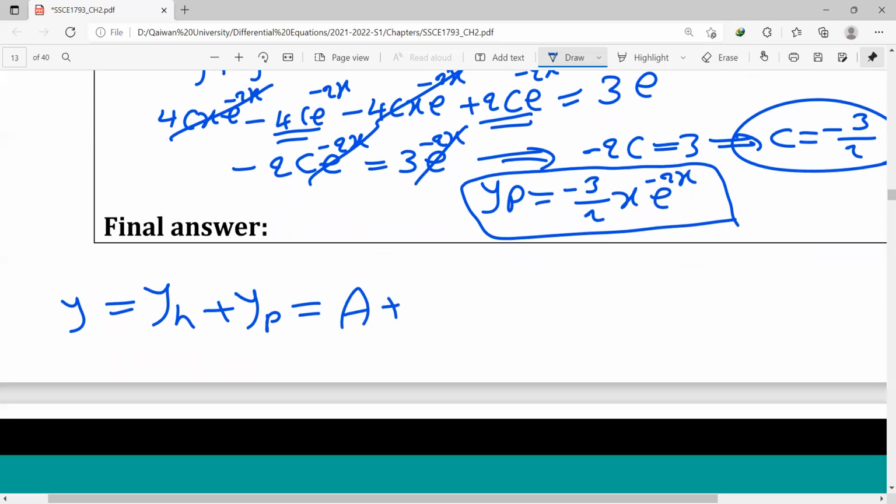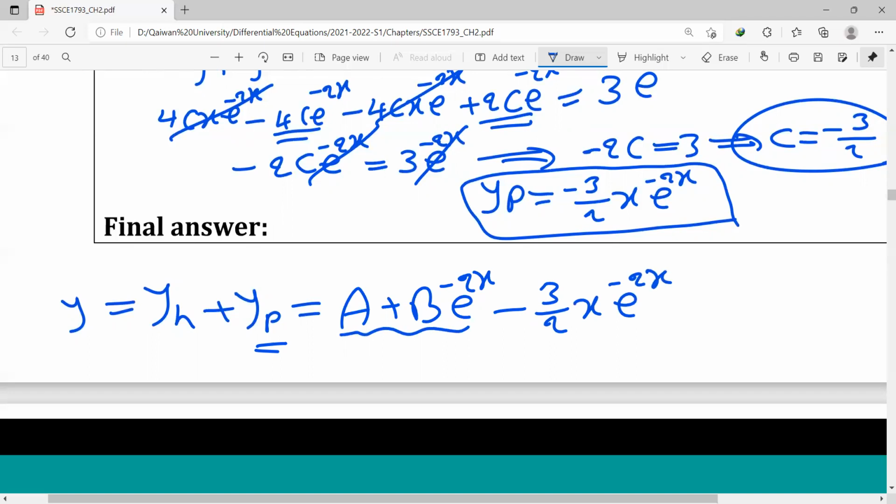How about yp? Yp is minus 3 over 2 x e to the power minus 2x. These are the homogeneous part, and this one is the particular solution. That's the solution for that example. It may take time, but it's so easy.